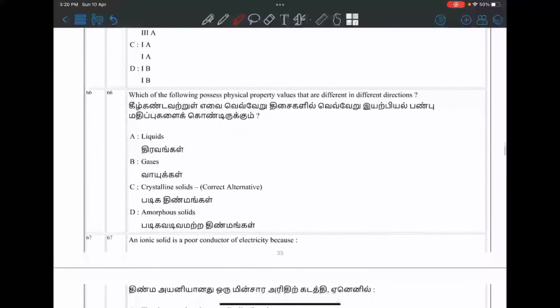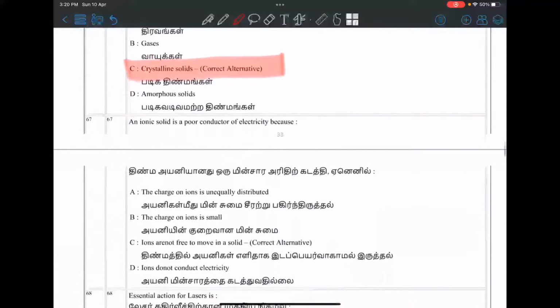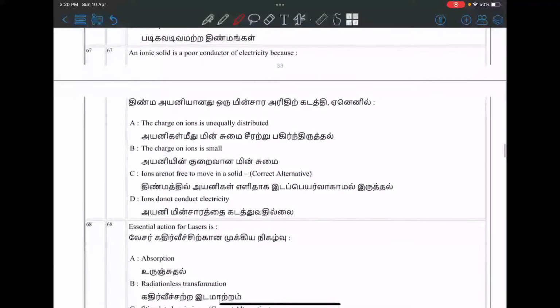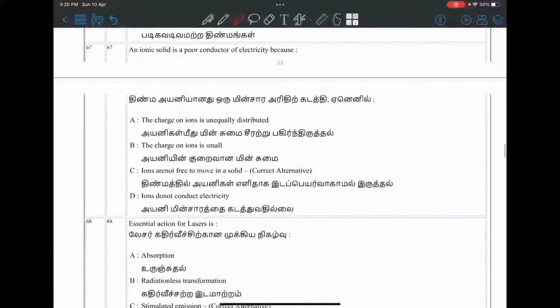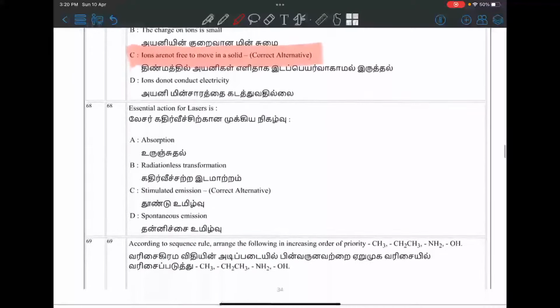Which of the following possess physical property values that are different in different direction? Crystalline solids. An ionic solid is a poor conductor of electricity because ions aren't free to move in a solid. Essential action for laser is stimulated emission.